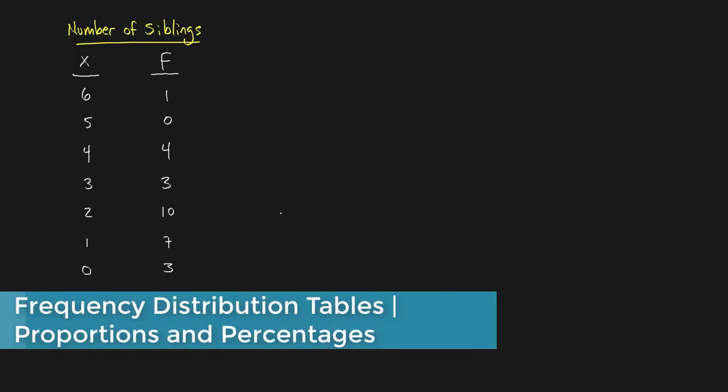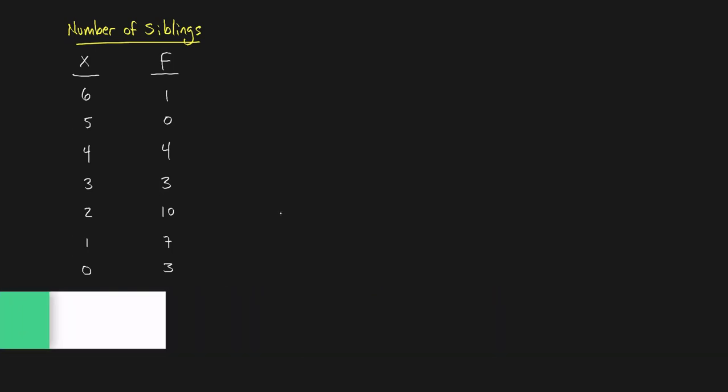Frequency distribution tables are very handy because, very simply, they tell us what frequency each one of the scores occurs with in our distribution.